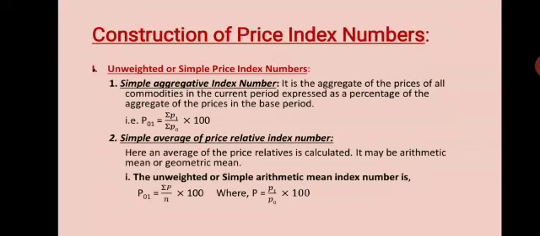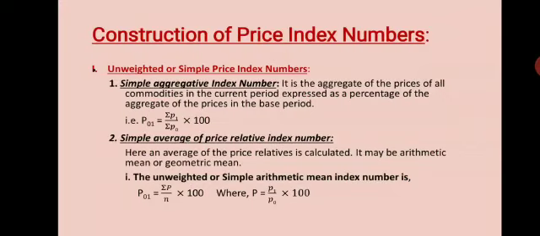The second method is simple average of price relative index number. Here an average of the price relatives is calculated. It may be arithmetic mean or geometric mean.